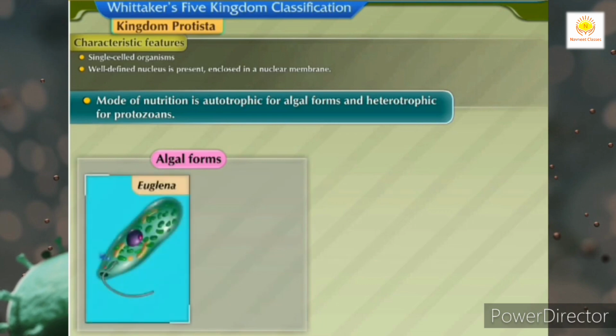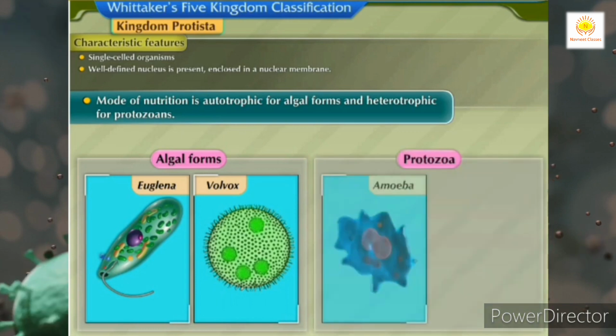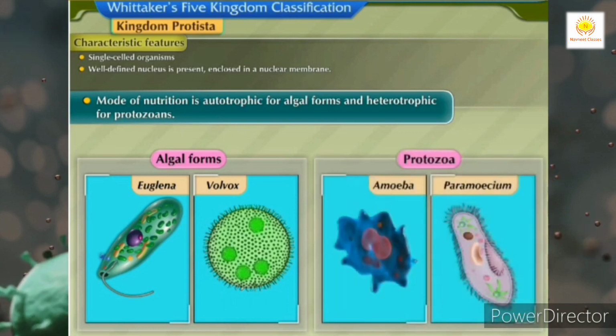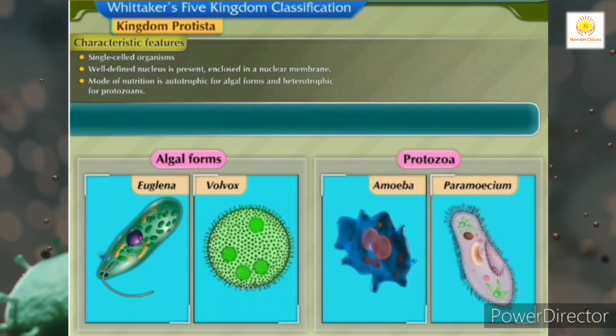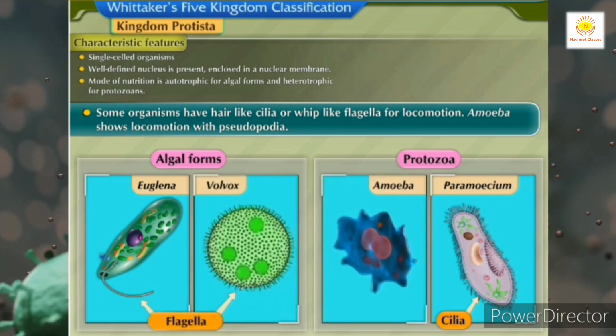Example, Euglena, Volvox, and heterotrophic for protozoans. Example, amoeba, paramecium, etc. Some organisms, example, paramecium, have hair-like cilia, while some, example, Euglena and Volvox, have whip-like flagella for locomotion. Amoeba shows locomotion with pseudopodia.